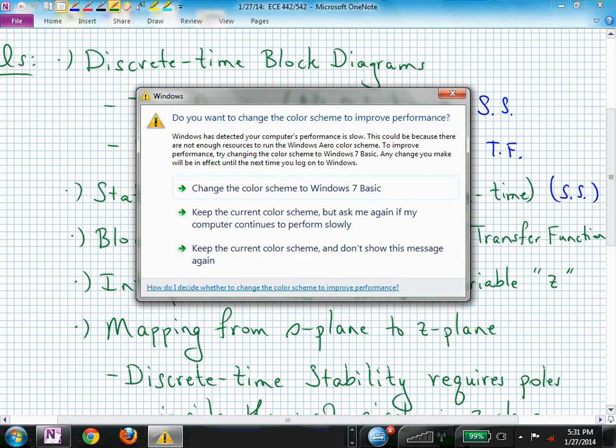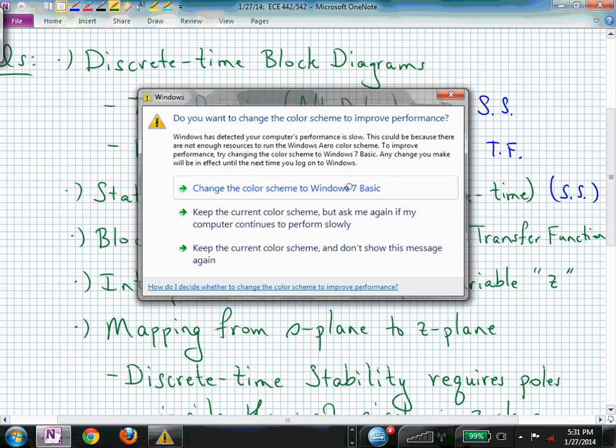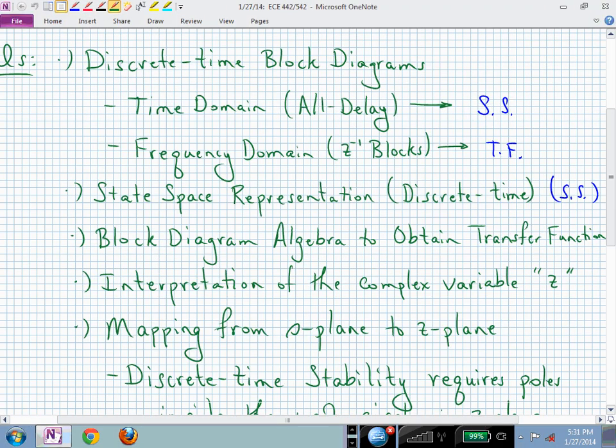We'll then look at how we can also display that same information in the frequency domain, in a frequency domain block diagram, where now instead of these 1 over s's that we've had in the s plane for continuous time, now we'll have 1 over z's, or z to the minus 1, in the z domain, or the frequency domain associated with discrete time systems.